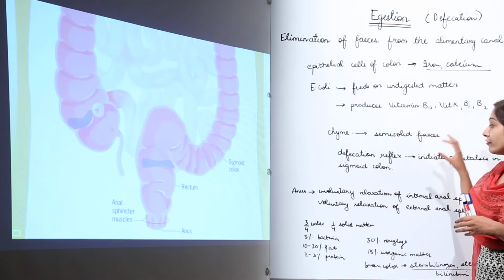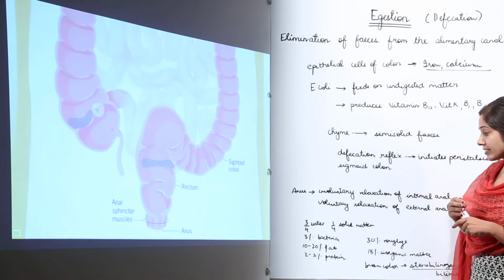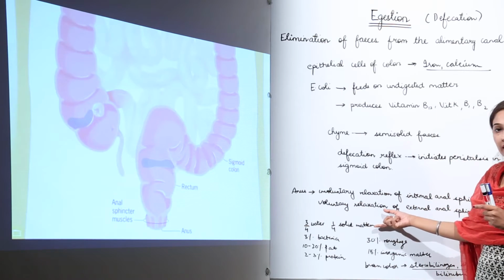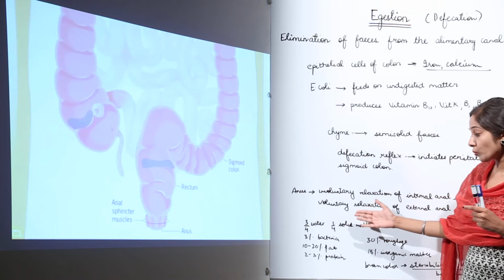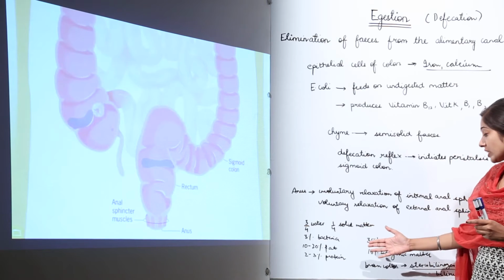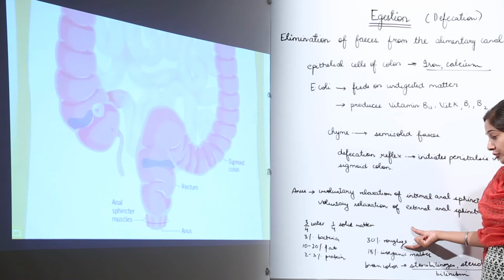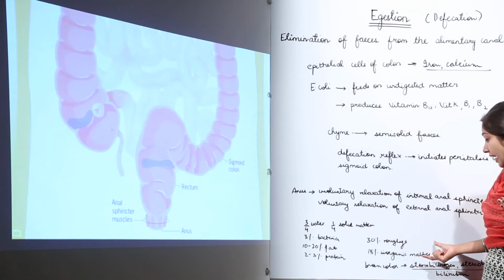Now if we talk about feces, what is there in the feces? It is composed of three-quarters water and one-quarter solid matter: 3% bacteria, 10 to 20% fats, 2 to 3% protein, 30% roughage, and 15% inorganic matter.